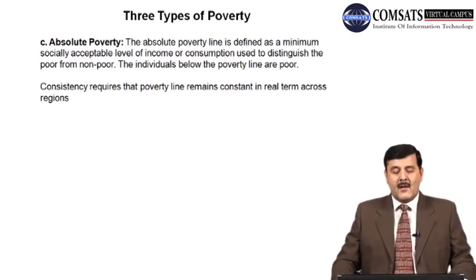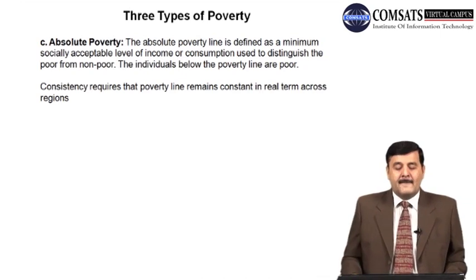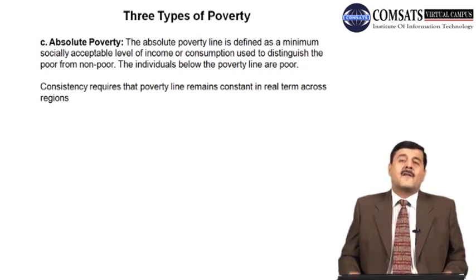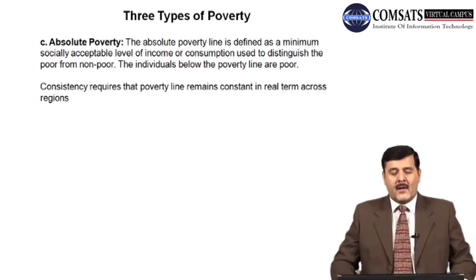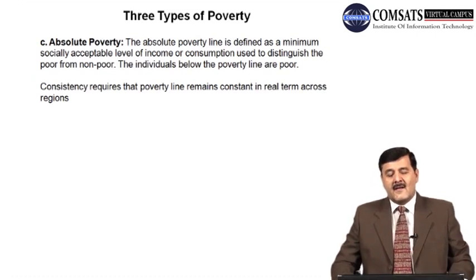So the individuals below the poverty line are poor. Under this type of poverty, it is defined as the minimum socially acceptable level of income or consumption which is used to distinguish the poor from non-poor, and the individuals who fall below this line are considered poor.